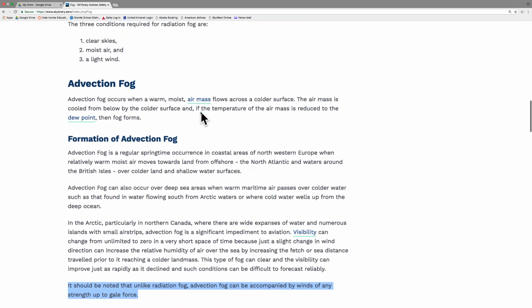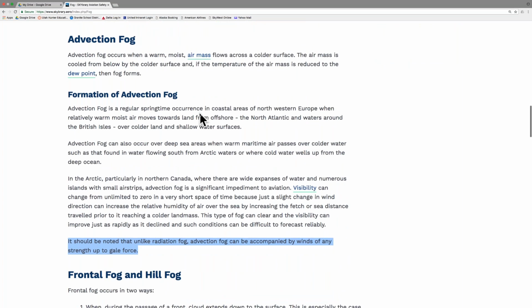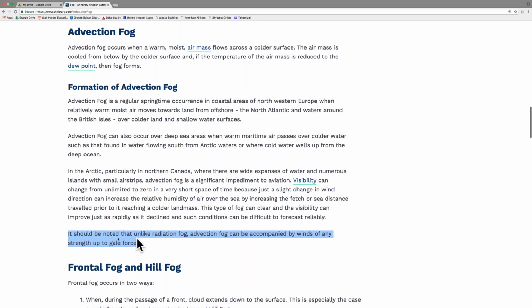But then the air type basically is the same. The difference between the two is that wind is associated with advection fog. And you can see when it talks about strength up to a gale force wind, that's a pretty high speed.